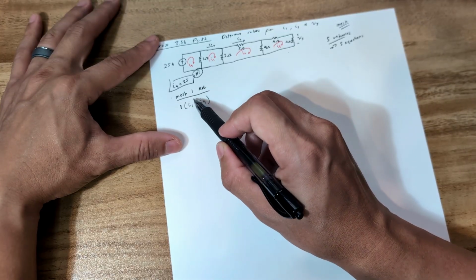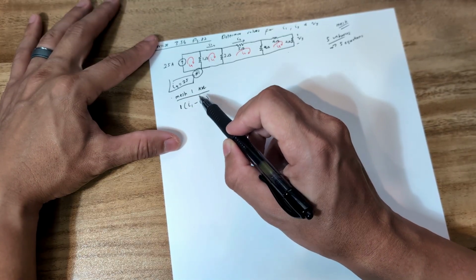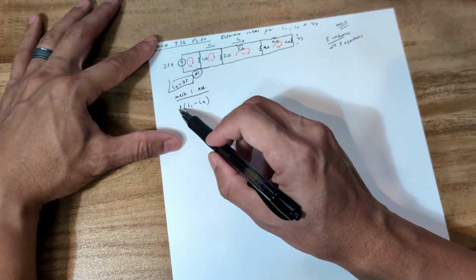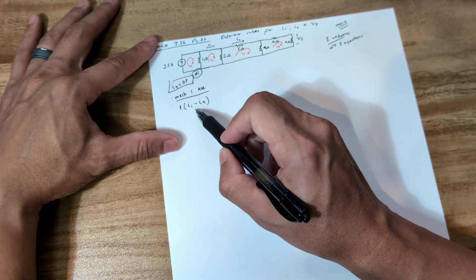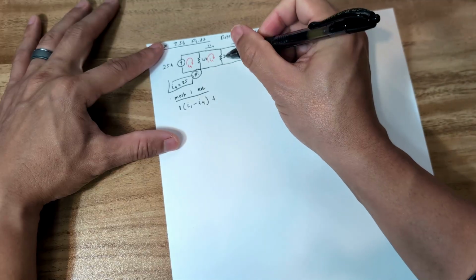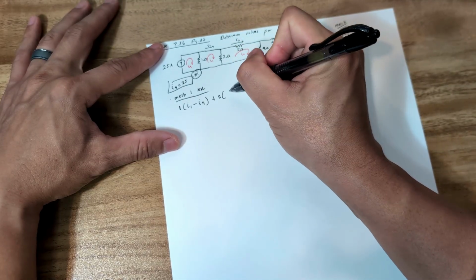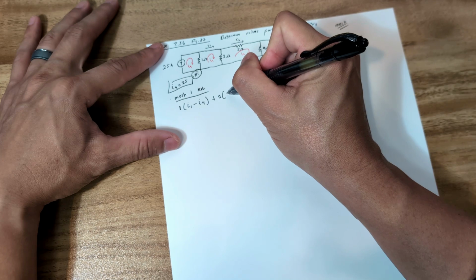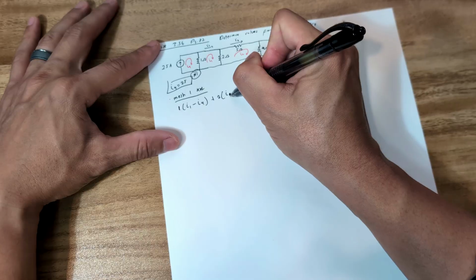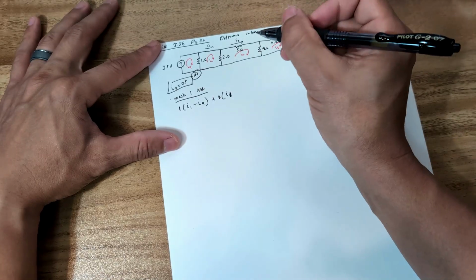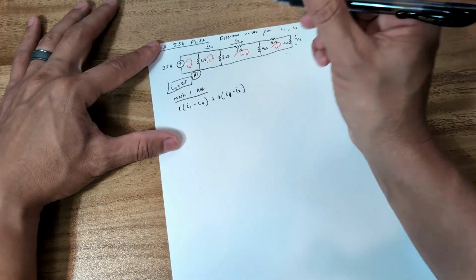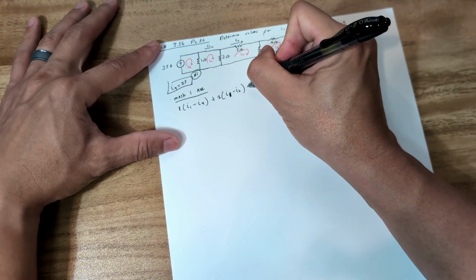Again, mesh is based on KVL, so you want this whole term to equal voltage, plus your 2 ohm right here. Again, you always want to start with the mesh current that you're doing the mesh on. It's I1 minus I2 equals 0.